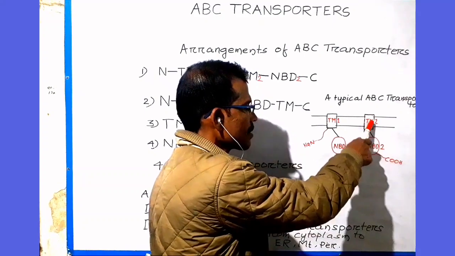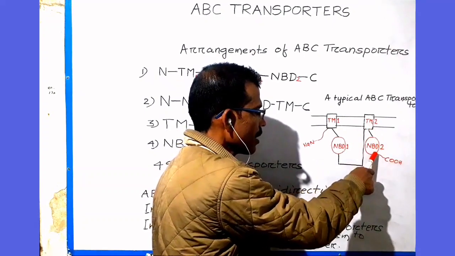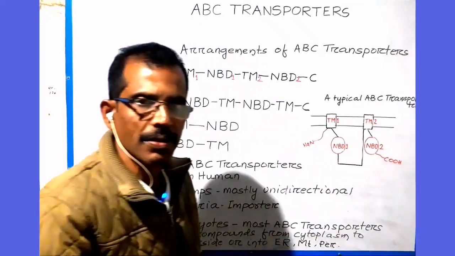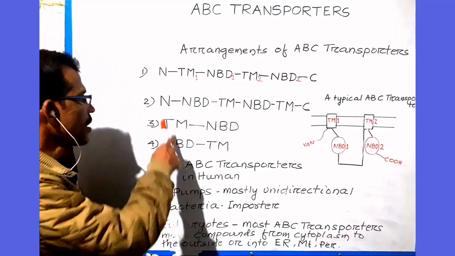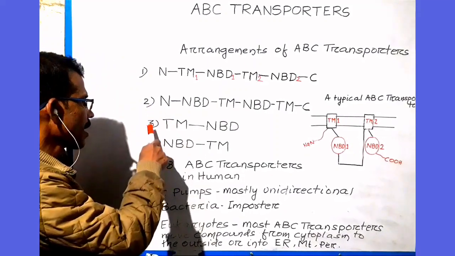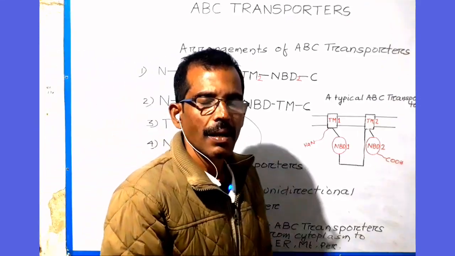After the second transmembrane domain, the second nucleotide binding domain is present, that is followed by the carboxyl terminus. In addition, other types of arrangement as shown in second, third and fourth are also seen in some cases.